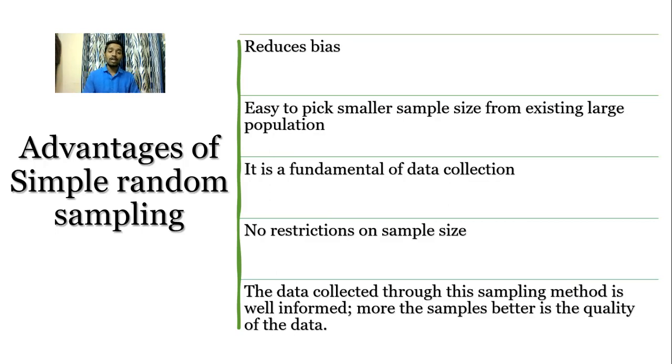As I said, while you are conducting a simple random sampling method, you should make sure that you have complete enough data, because things here are going to change. But the information will be accurate, because when you have complete knowledge of the population, your data will be well informed.